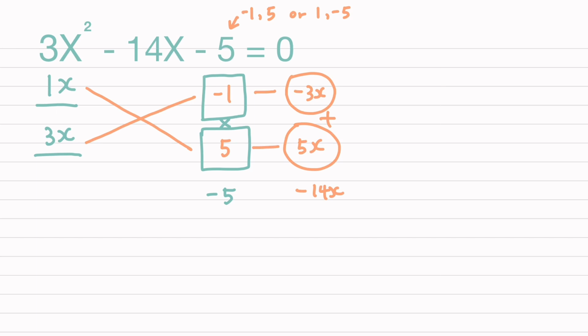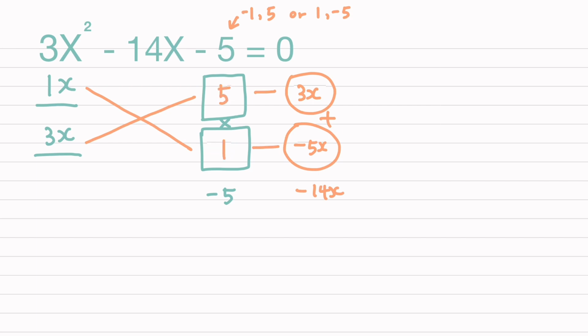So why don't I try +1 and -5? That way, if I multiply 3x with 1, I get +3x. And if I multiply 1x with -5, I get -5x. Well, that still does not give me -14x. So why don't I just switch numbers here?